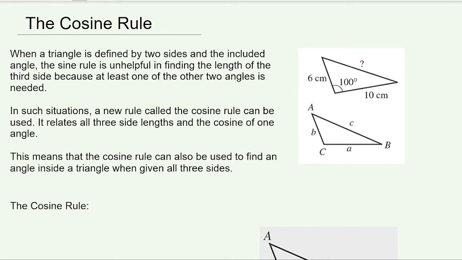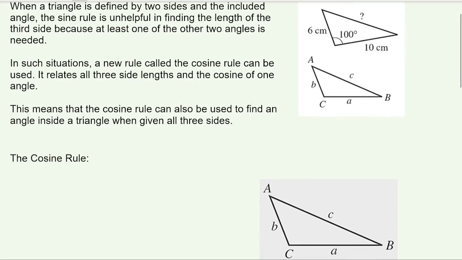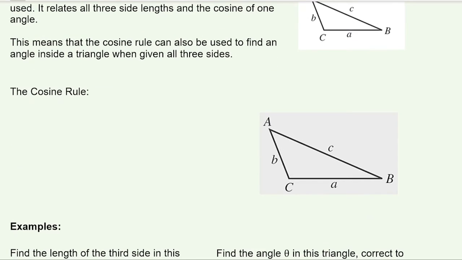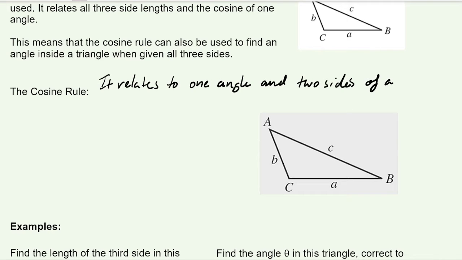So the cosine rule itself uses the angles and the sides, and it relates to one angle and two sides of a triangle.